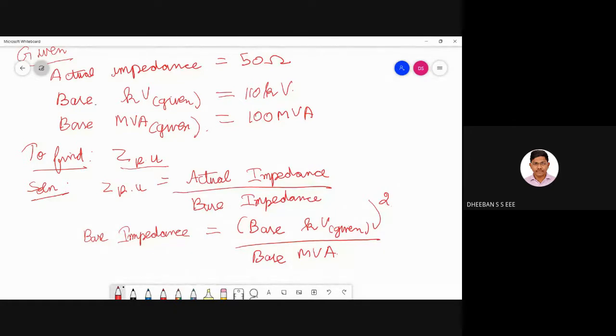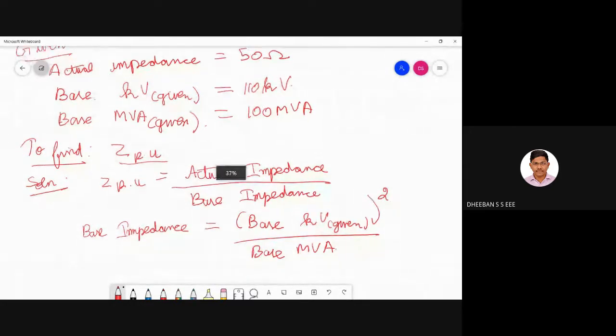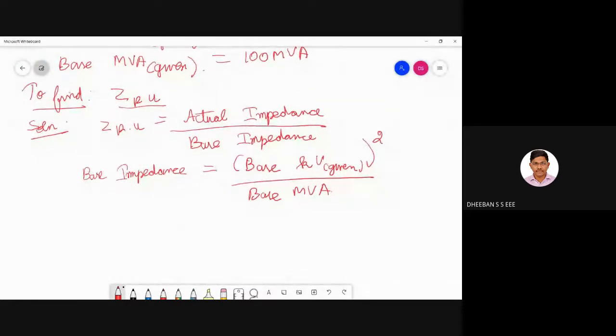Okay, fine. Some might have arrived at the answer. For the base impedance, we put 110 square divided by 100.